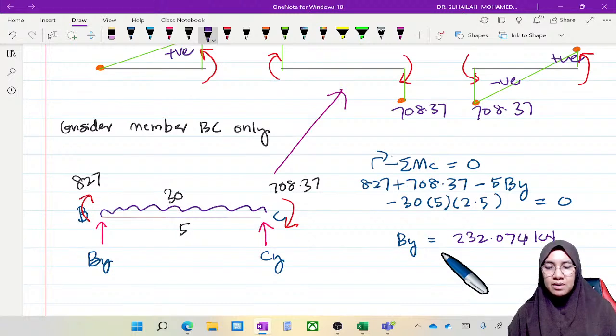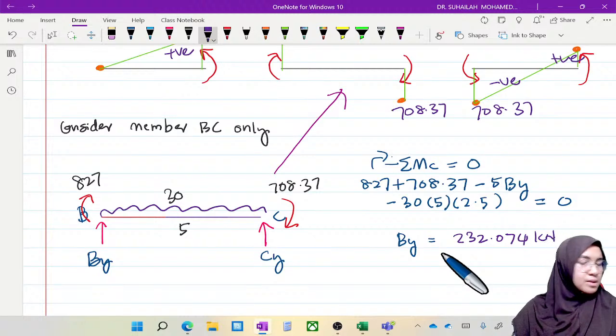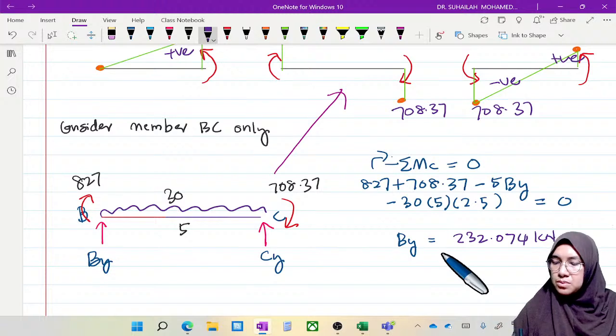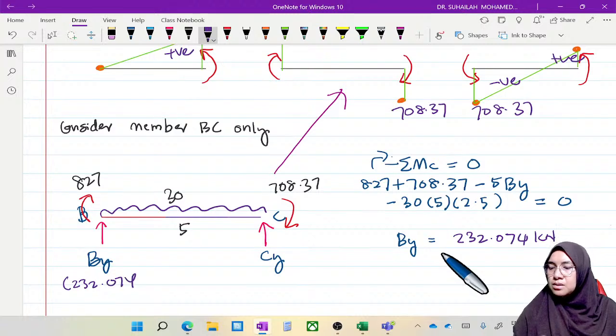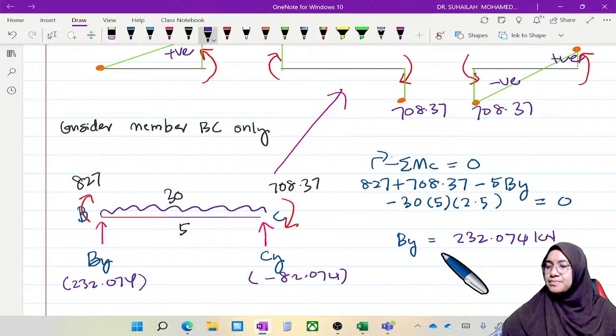So we get 30 times 5 minus 232.074, so CY is negative 82.074.